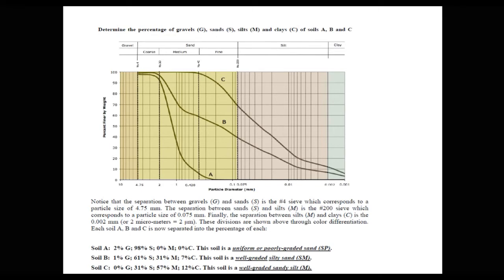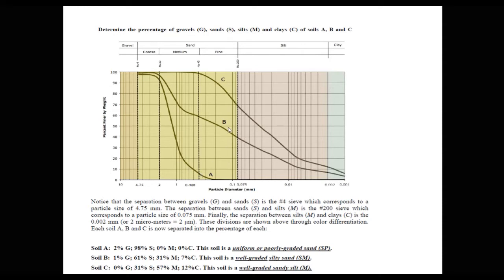So if you were to look at soil A, as I mentioned, this is a poorly graded soil, and I can tell this right off the bat because this distribution curve is just spanning from number 4 to number 40 and just a point beyond that. So right off the bat, I can say that this is a poorly graded soil without doing any calculation.